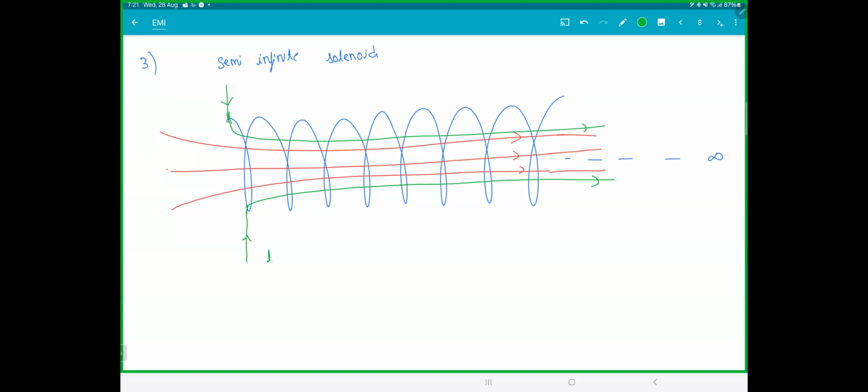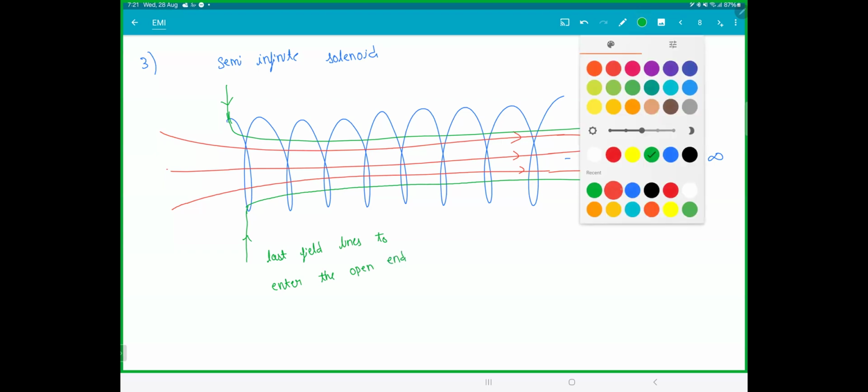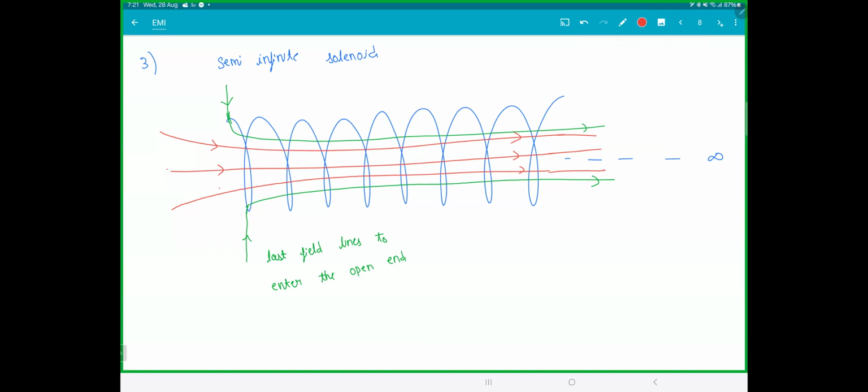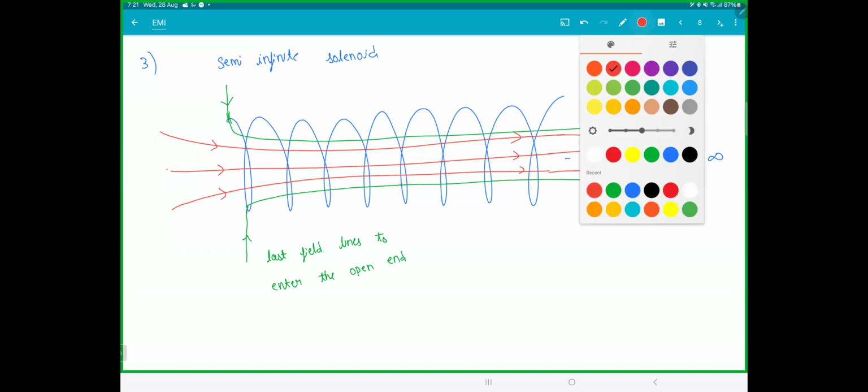The green ones are the last field lines to enter the open end. A lot of these field lines are entering, getting it? And the green ones are the last field lines which enter from the open end.